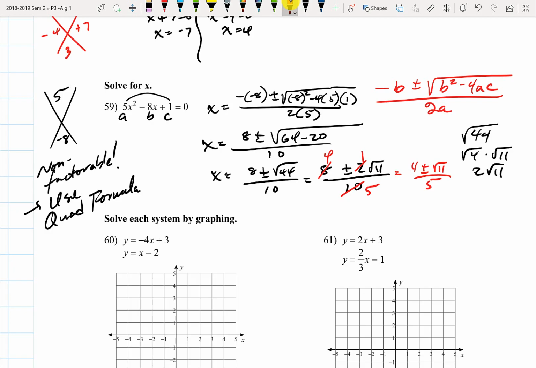On number 59, let's look at the answers here. They are correct. So you have two values of x: 4 plus root 11 divided by 5 and 4 minus root 11 divided by 5. Two solutions possible here.